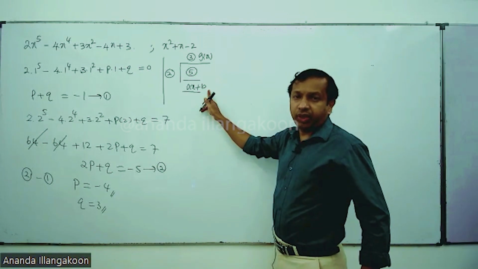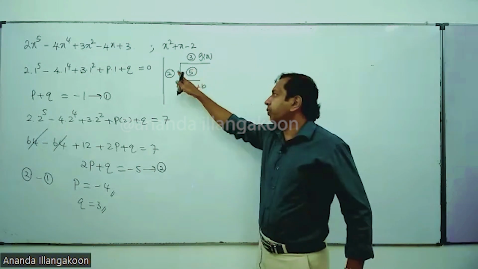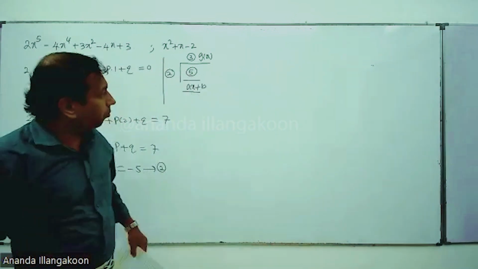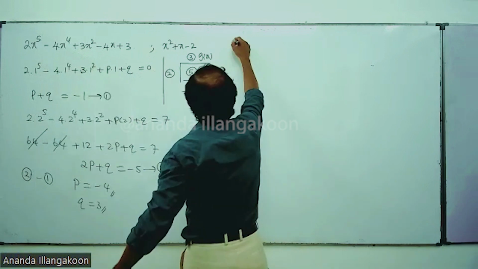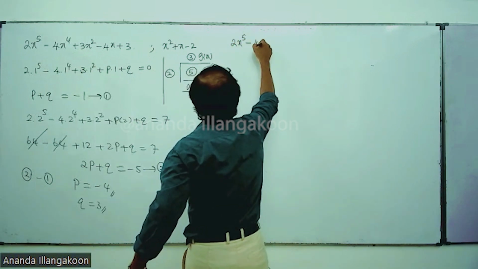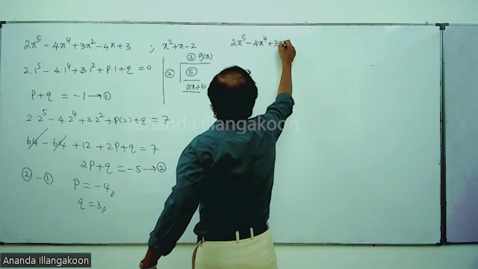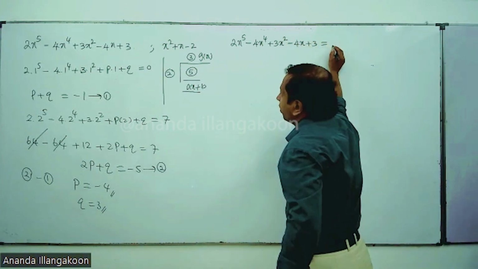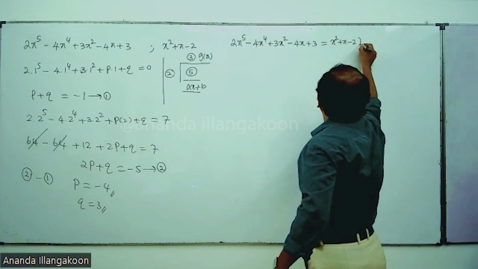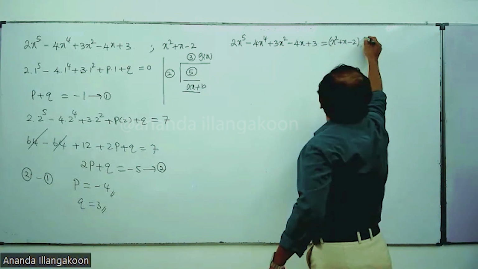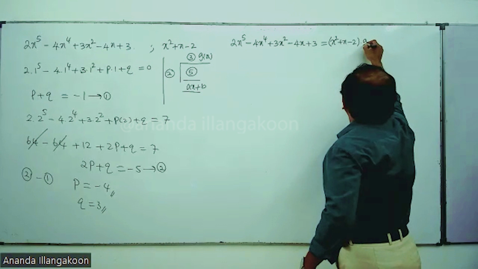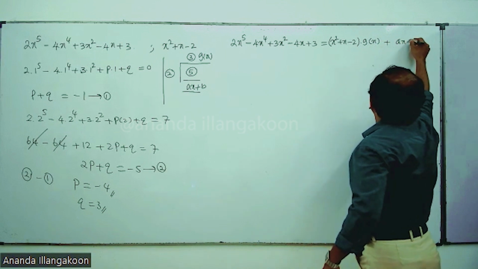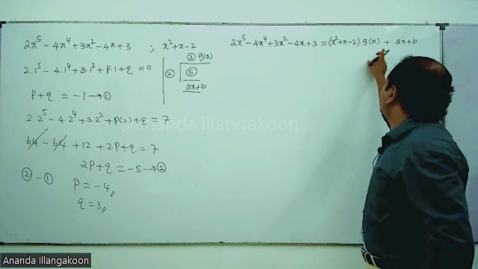Now we can write by using the division algorithm: this polynomial function 2x^5 - 4x^4 + 3x^2 - 4x + 3 is equal to (x^2 + x - 2) into g(x) plus ax plus b. Understood? Now we need to find a and b. Then only we get the remainder, right?